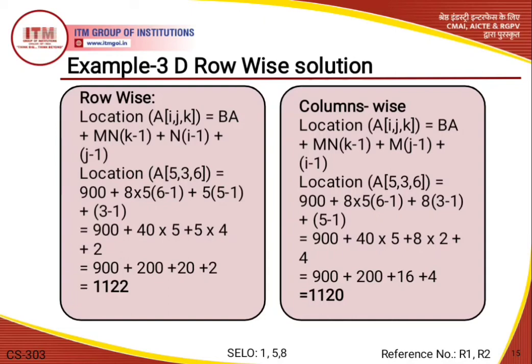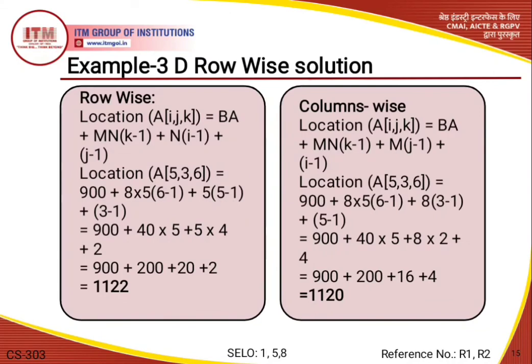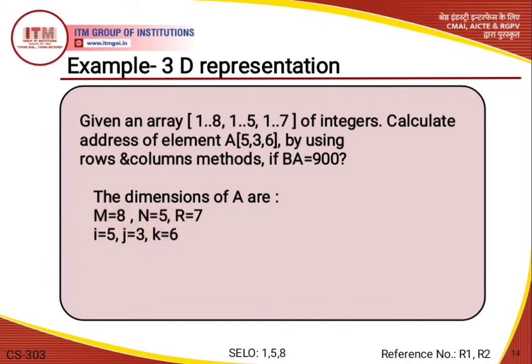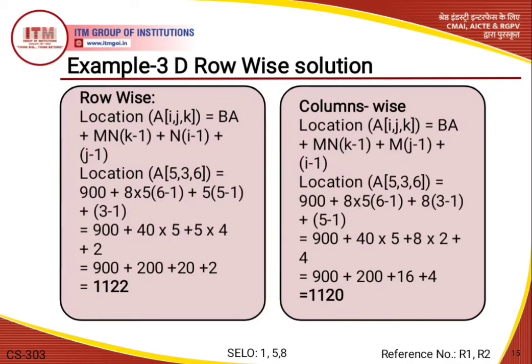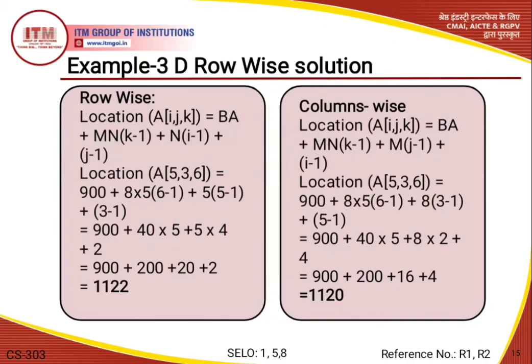As we already found the dimensions of A, here we are just putting the values in this formula. Location of A[5][3][6] is equal to 900, which is the base address, then M is 8, N is 5. You can see here that M is 8 and N is equal to 5, and K minus 1. The value of K is 6, so 6 minus 1, plus N(i minus 1).